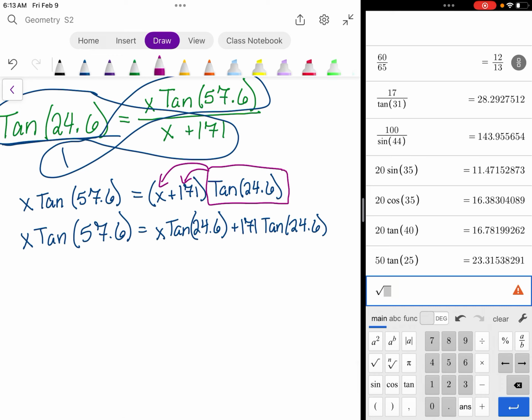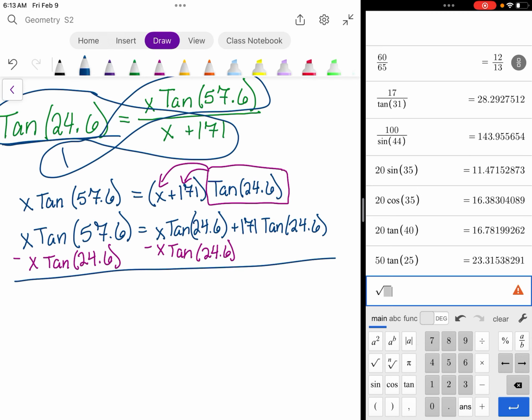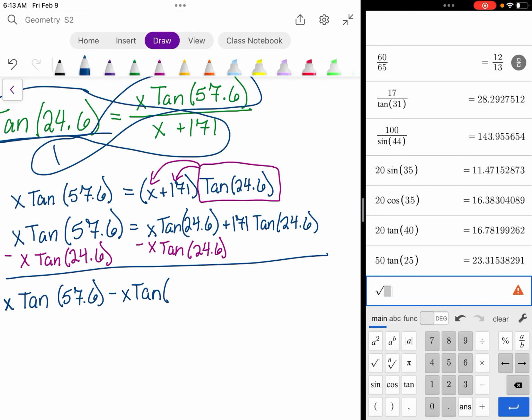Once we distribute, we are able to get all of our x terms on the same side. So we're going to subtract x times the tangent of 24.6 on both sides. And these are not considered like terms because we're taking the tangent of different angles.